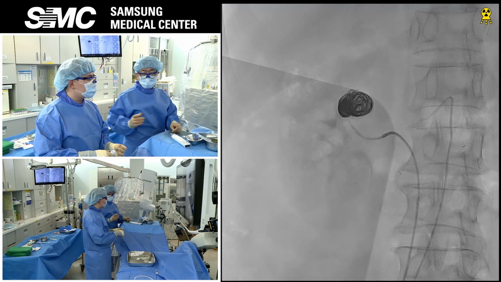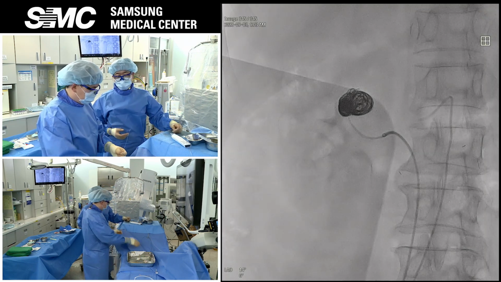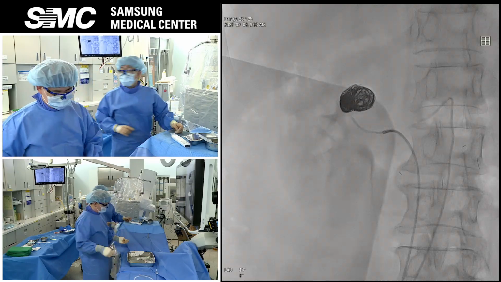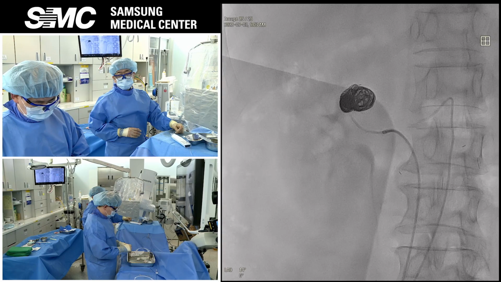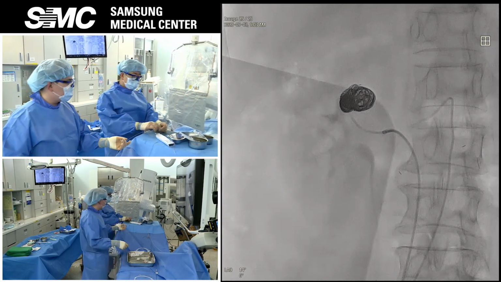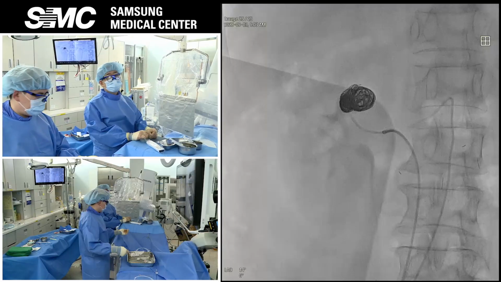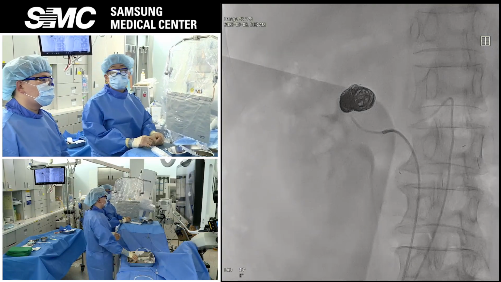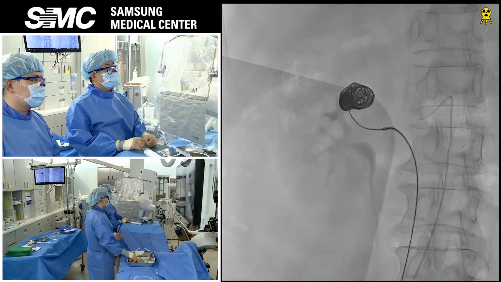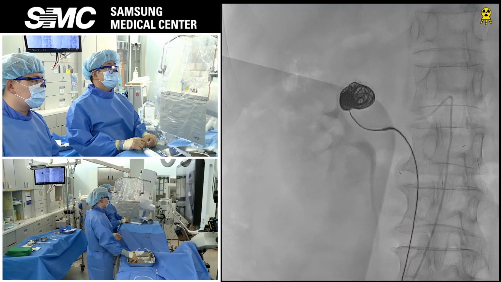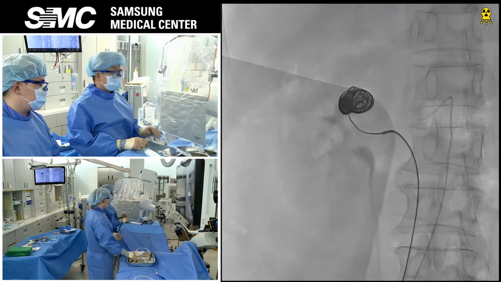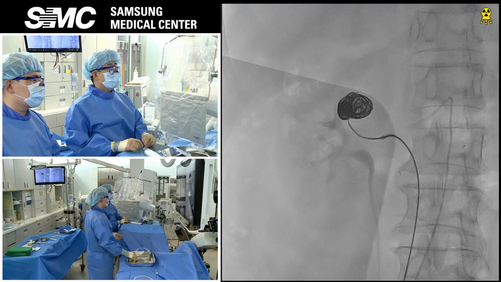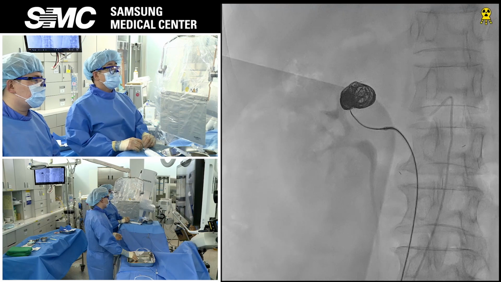I think we can use 2 or 3 more coils to make a tighter packing. In our institute, we published 2 clinical studies of renal AVM. The first one is how to treat the renal AVM. The answer was according to the AVM angiographic classification.